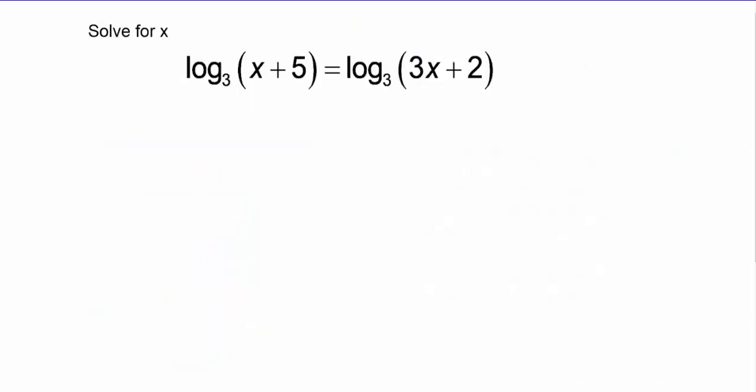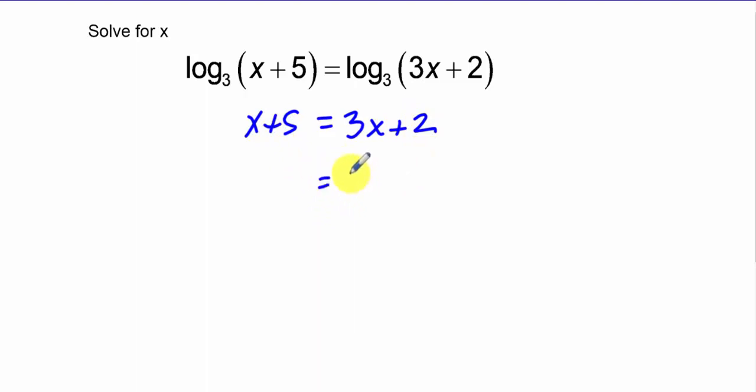And keep going here. We're going to solve for some log problems now. This is very similar to our introduction to our exponential equations. Again, not trying to insult intelligence, but if I know that the log base 3 of x plus 5 is equal to log base 3 of 3x plus 2, it stands to reason then that x plus 5 has to equal 3x plus 2.